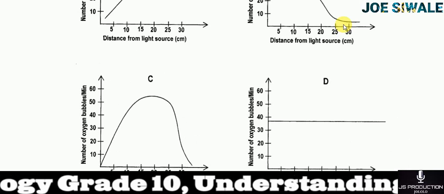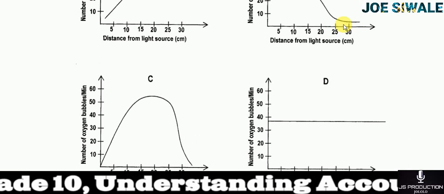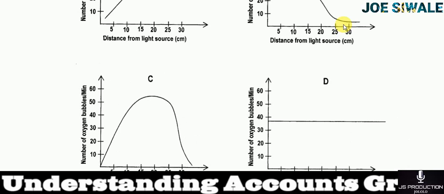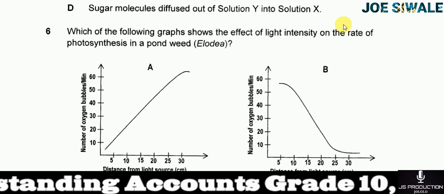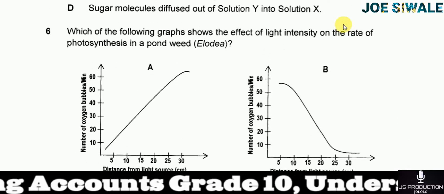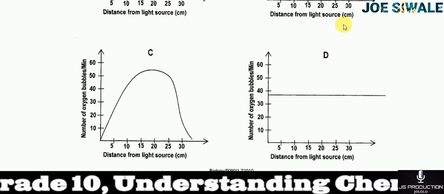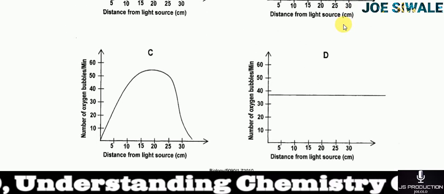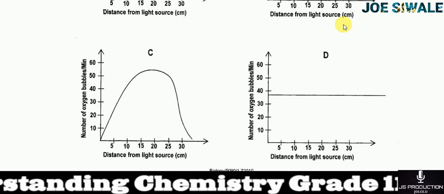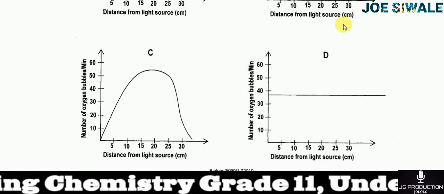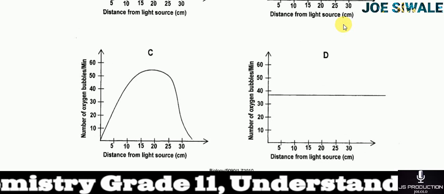Graph C is my answer. This is because there is the plant, the pond weed, which is placed at a certain distance. So as you can see, distance from the light source.